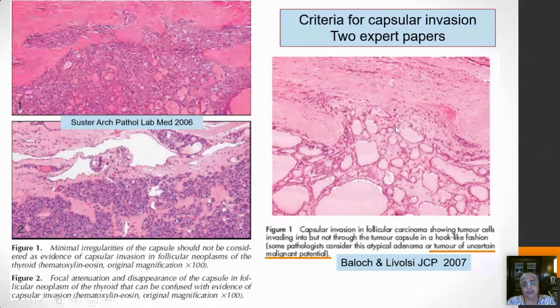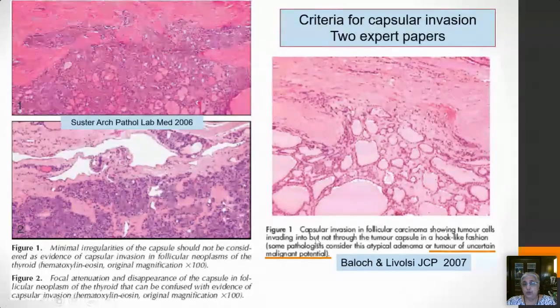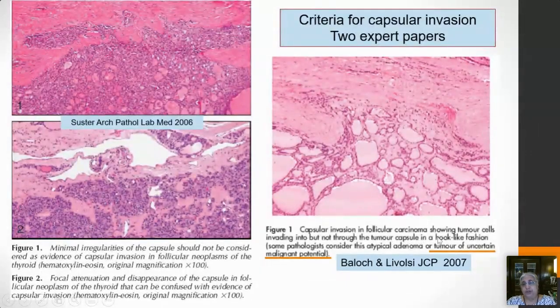Here on the right-hand side, you see Baloch and Livolsi. What do they call this? Capsular invasion in follicular carcinoma, showing tumor cells invading into, but not through, the tumor capsule, in a hook-like fashion.